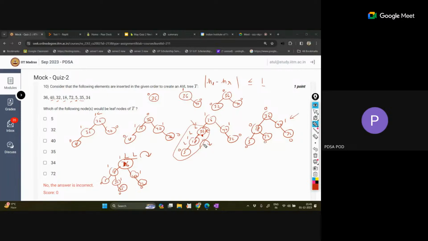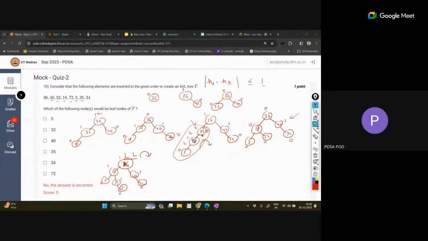So what you are saying is, why are we rotating? What is the need to rotate here? To make balance, because we are getting more height on this side. So to make balance we will rotate this in the clockwise direction.